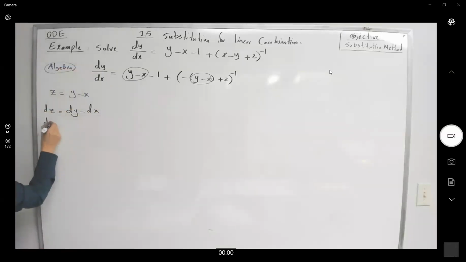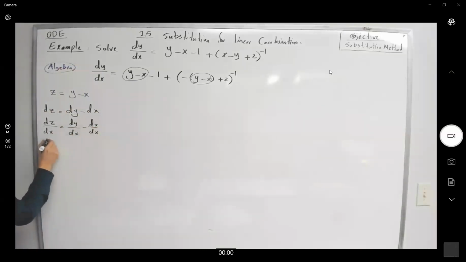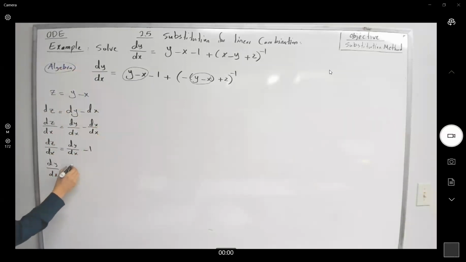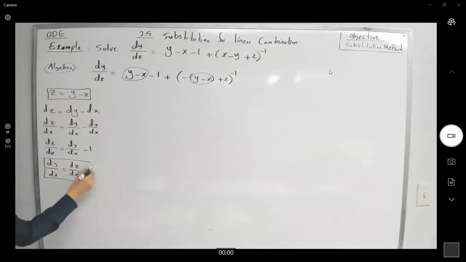So dz divided by dx is equal to dy over dx minus dx over dx. So we get dz/dx equals dy/dx minus 1, or dy/dx becomes dz/dx plus 1.